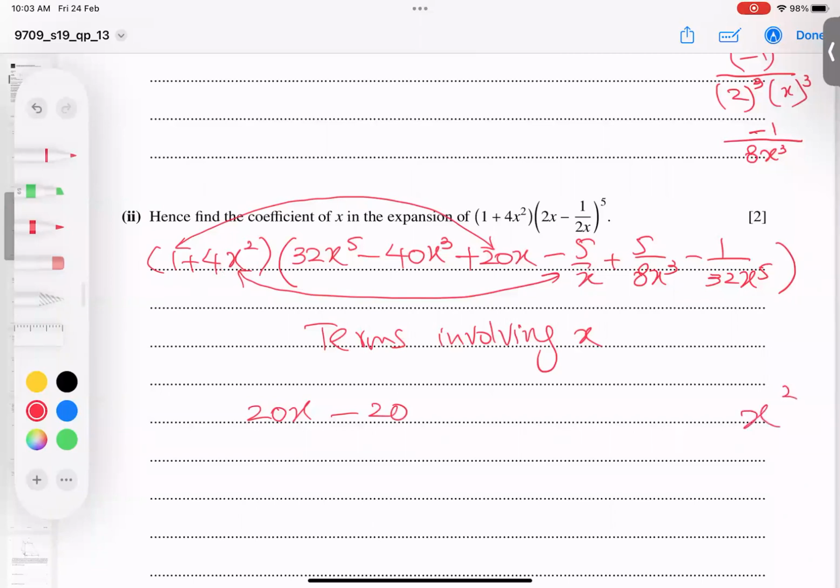All of you are familiar with that: when you have this situation, the power subtracts and we get x. And he is asking the coefficient. So 20 minus 20 means I got 0x. What is the coefficient of x? The coefficient of x is very, very clear, it is 0. Alhamdulillah, Rabbil Alameen. I hope the point is very clear.